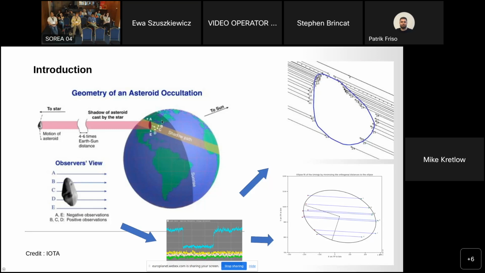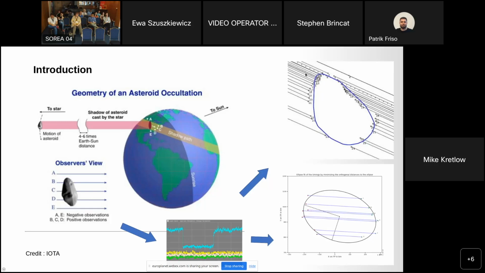If you put some observers in the shadow region, pointing to the target star and doing photometry, you will get a light curve like this one, where the star disappears and then reappears. This time difference you can transfer into a chord length, and if you have several observers with positive occultations, you can fit the limb, the instantaneous profile of this object.